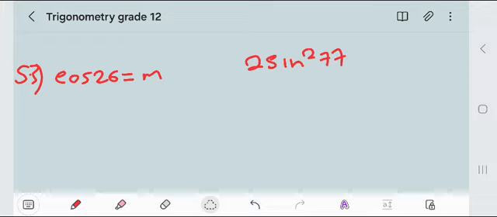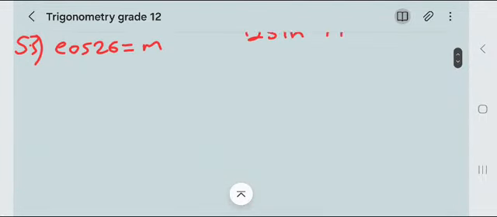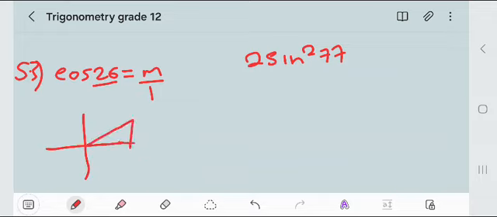With this type of question, let me say it's m. Maybe m over 1. Since this is in the first quadrant, you're going to draw a triangle and write your 26 nicely. Then your cos is adjacent over hypotenuse.